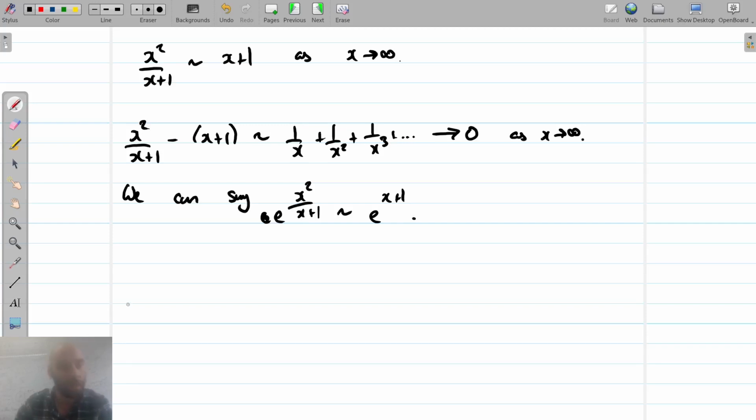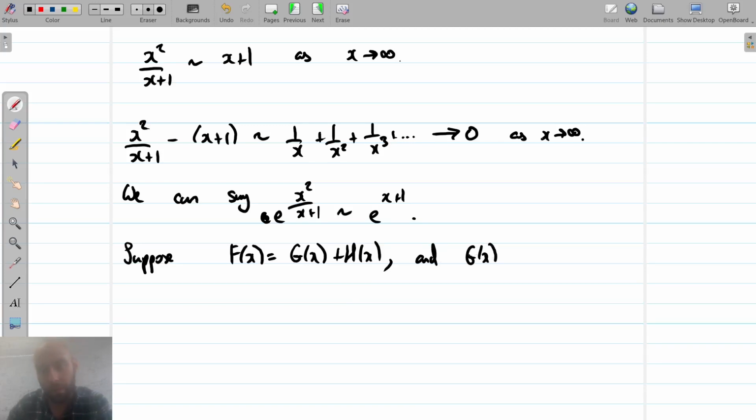If you really want to write this as a theorem, it is in the lecture notes just written out. So it says suppose f of x equals g of x plus h of x, and f of x twiddles g of x as x tends to a.